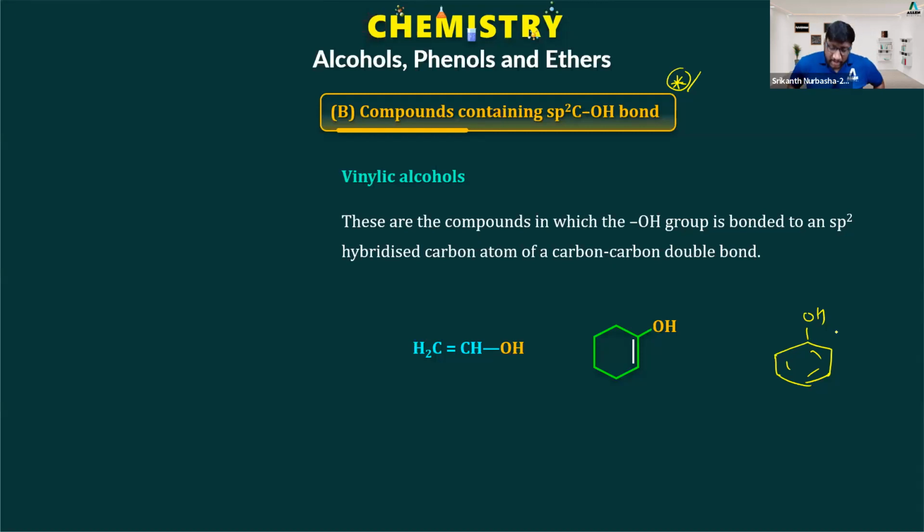So vinylic alcohols and phenols come under this category, where OH is connected to sp2 hybridized carbon. These are slightly unstable because sp3 hybridized carbon is more electronegative. Oxygen is also more electronegative, so that bond is not going to be stable.